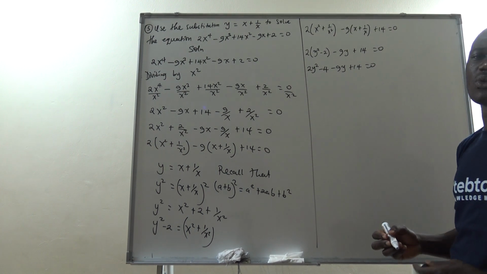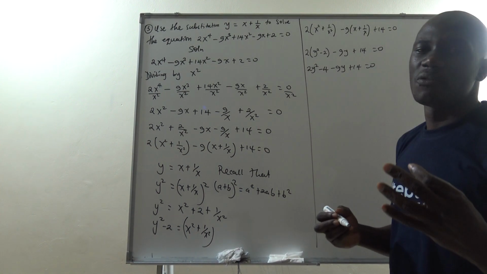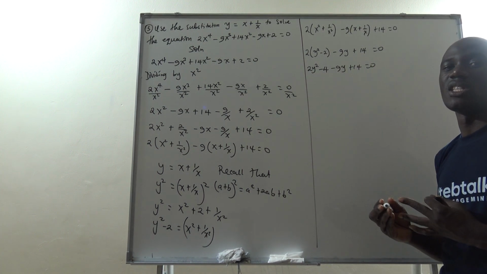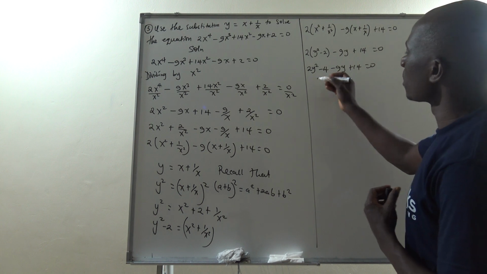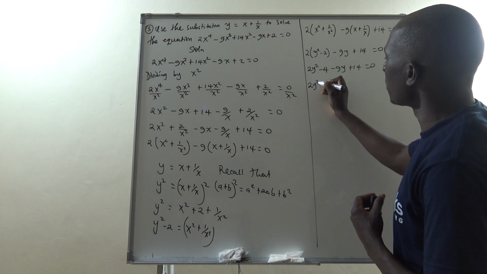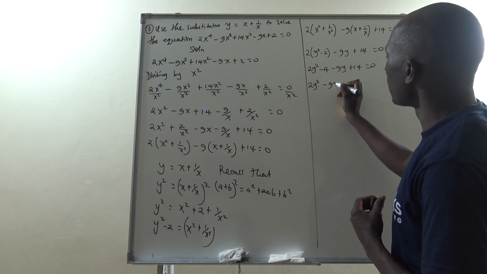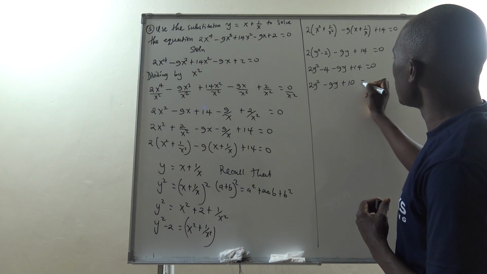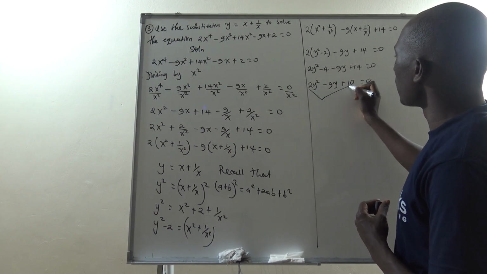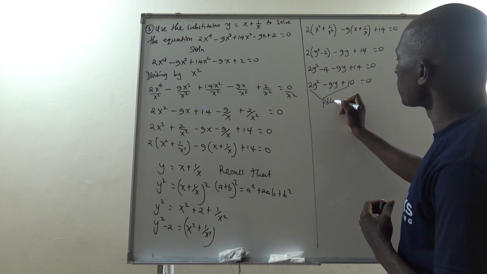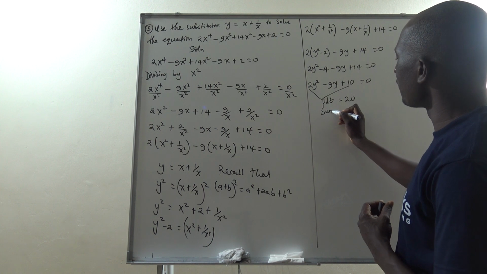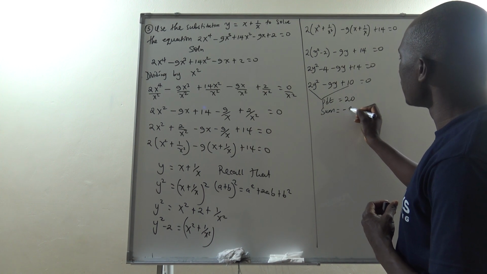So can we try to rearrange our equation to be in the form of ax squared plus bx plus c equals 0. So what are we having? We are having 2y squared minus 9y plus, it will be a positive 10 equals 0. This is a quadratic equation. We look at our product: our product is 20 and our sum is -9.